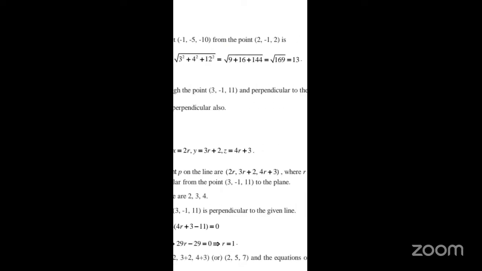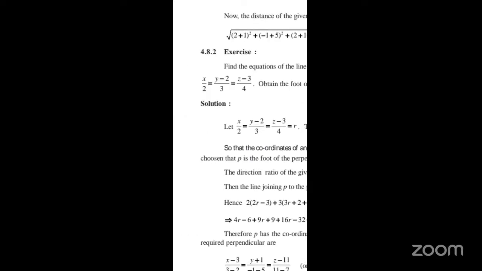One point is (-1, -5, -10) and the second point is (2, -1, 2). So the square root of (2 plus 1) whole square, plus (-1 plus 5) whole square, plus (2 plus 10) whole square. We get root 169, which is 13. So that's enough. Problem 4.8.1 is very simple, a short question.